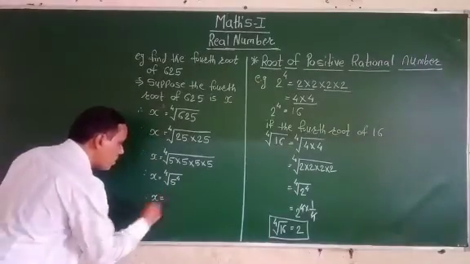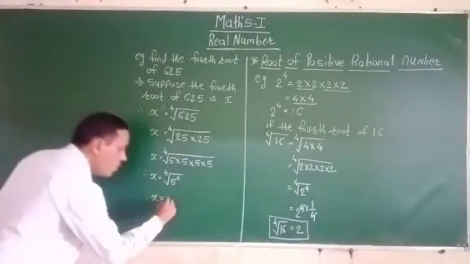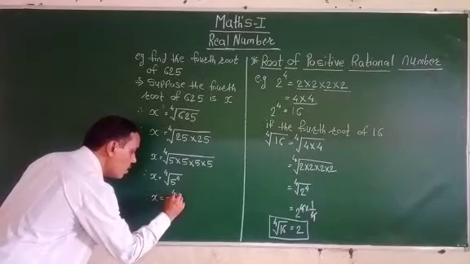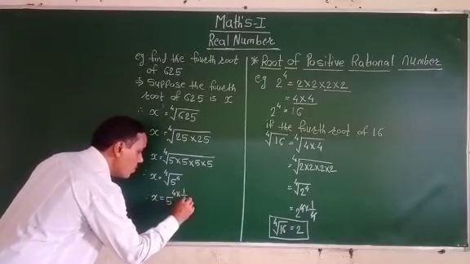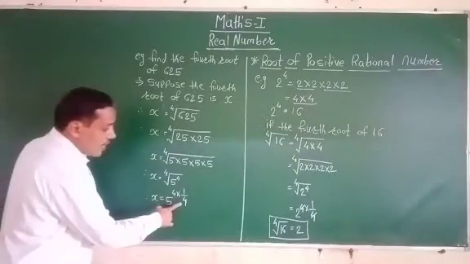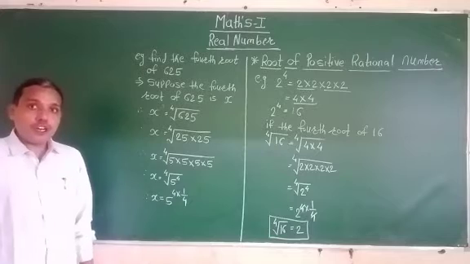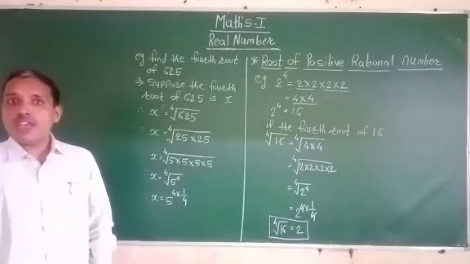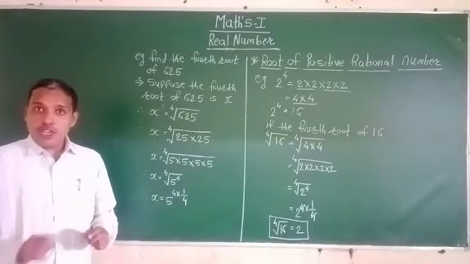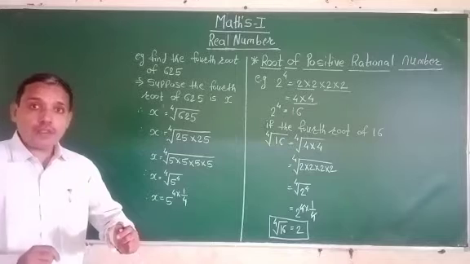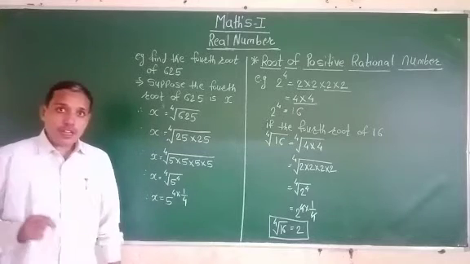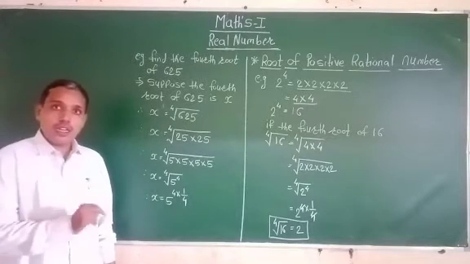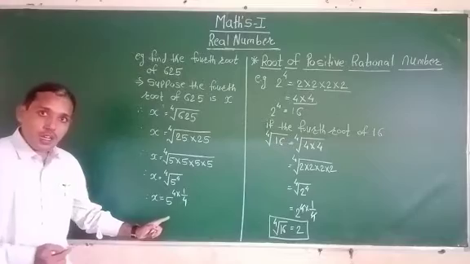When we remove that radical sign, we get 5 raised to 4 into 1 by 4. Why do we get that rational number? In the previous standard we learned that if we have the nth root of a, we can indicate it in index form using a rational number.